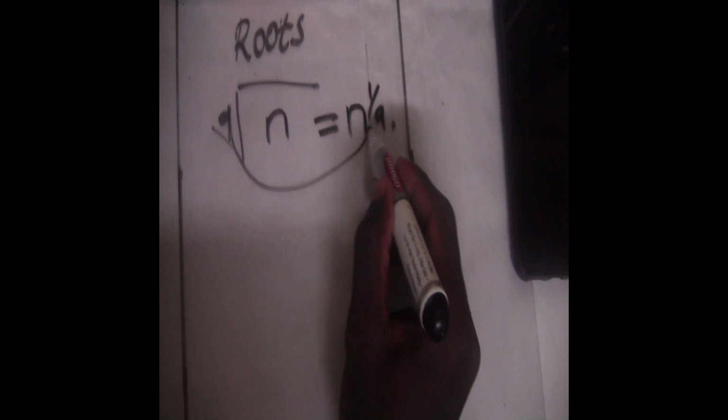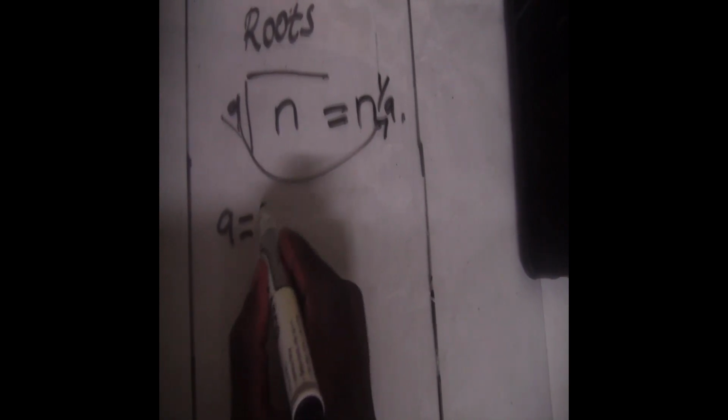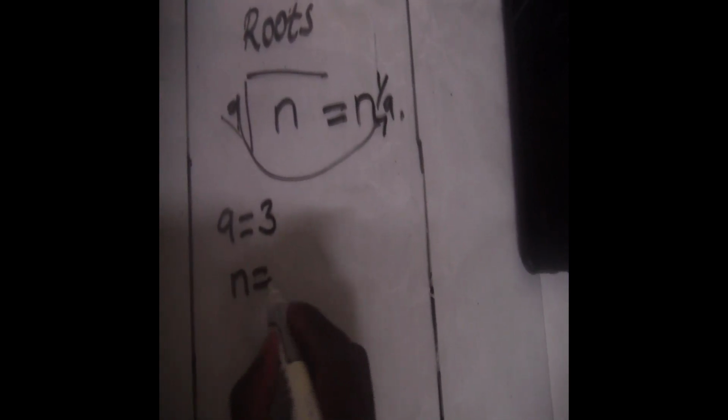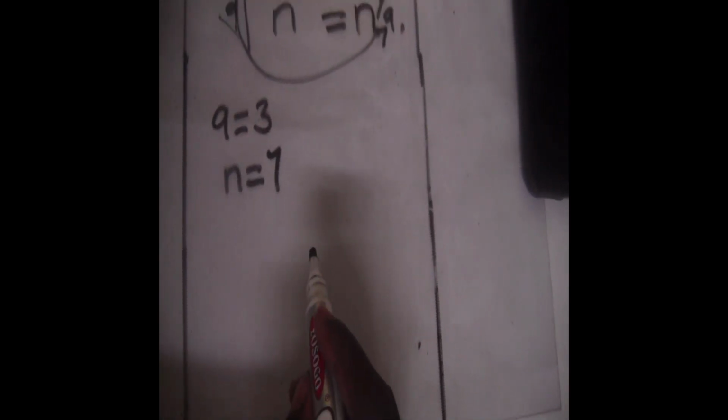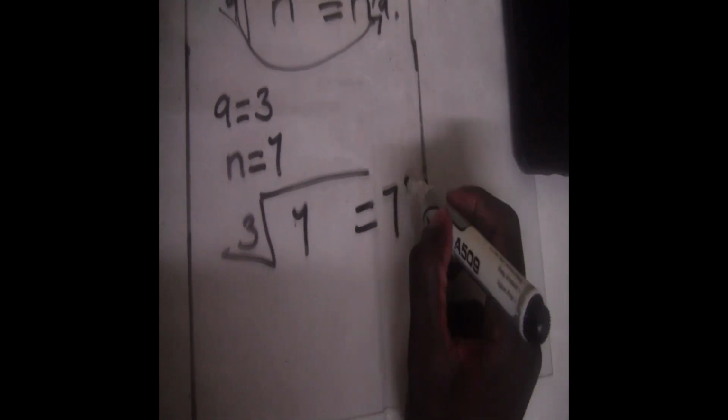This number here comes here. So for example, let's replace a with 3 and n with 7. When you replace those, the cube root of 7, our answer will be 7 raised to power 1 over 3.